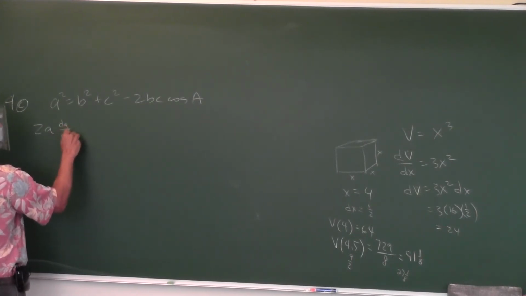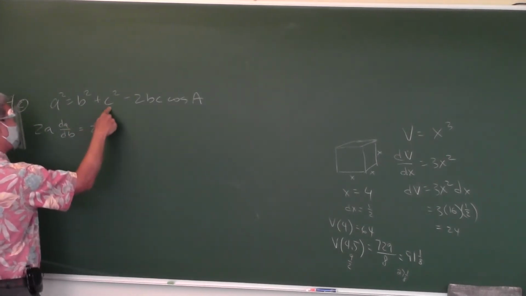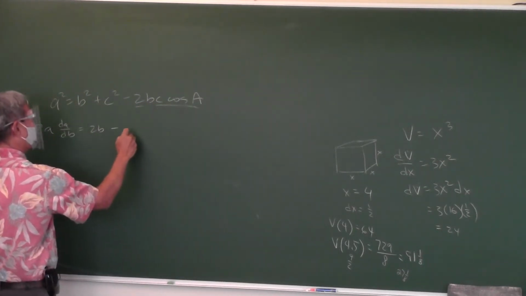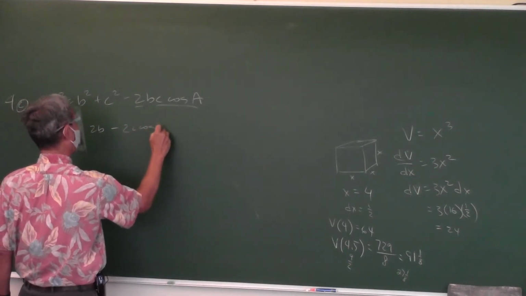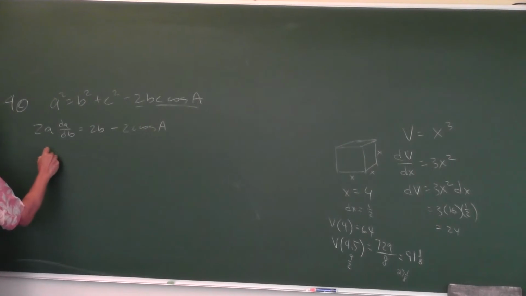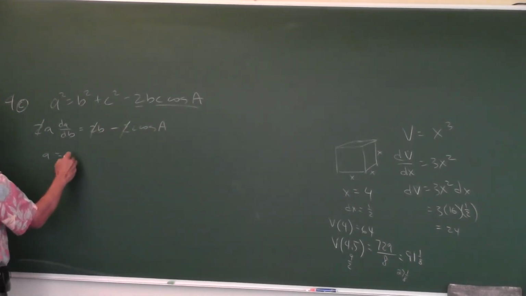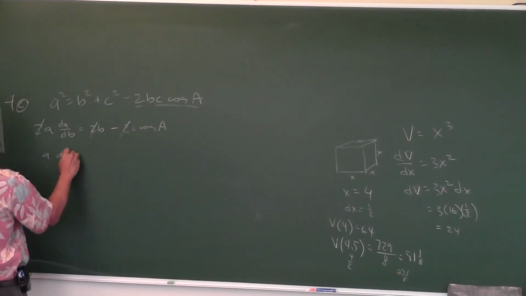dA dB is equal to 2B, that's a constant, minus 2C cosine A, correct? So, why don't we just divide everything by 2?